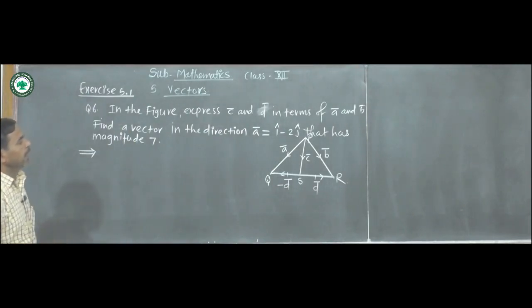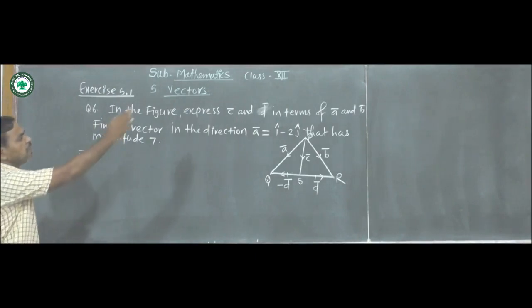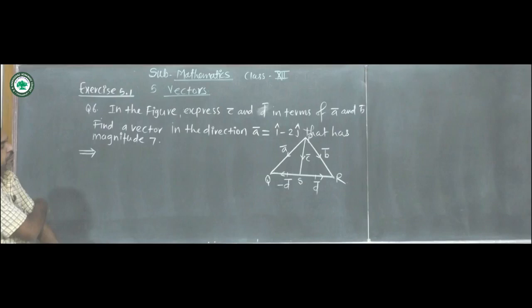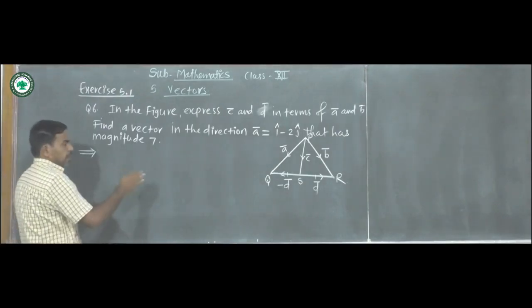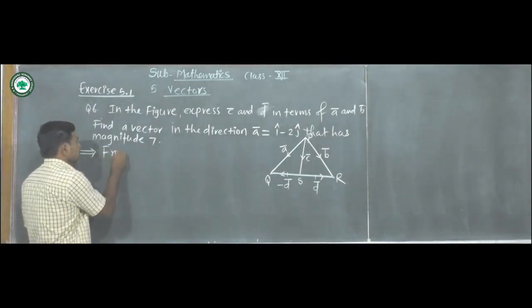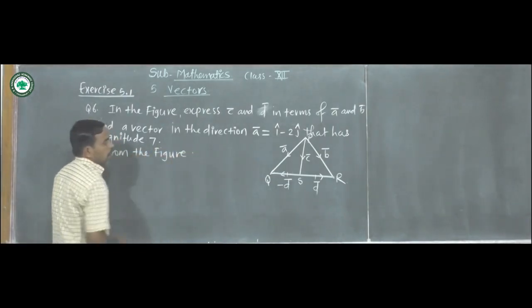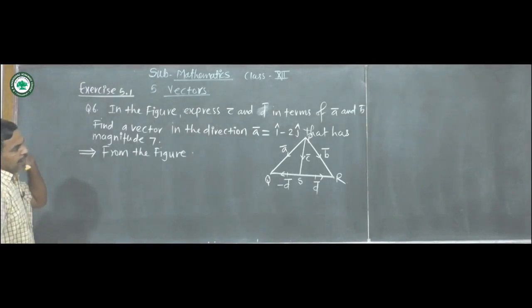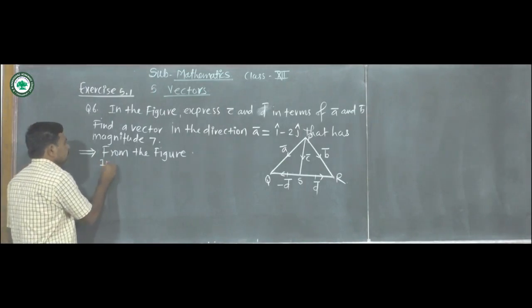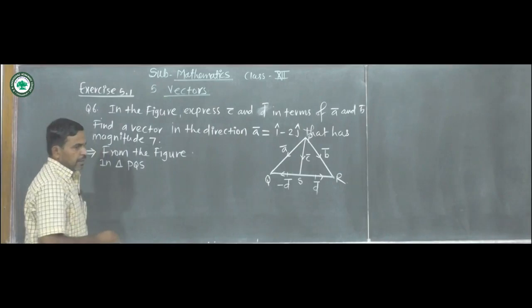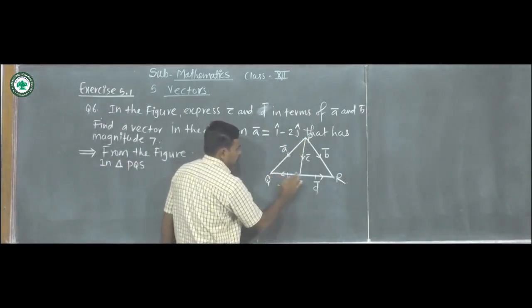Solution. In the figure, express C bar and D bar in terms of A bar and B bar. In the figure means the figure is given in the question. So from the figure, in triangle PQS, see the triangle PQS.